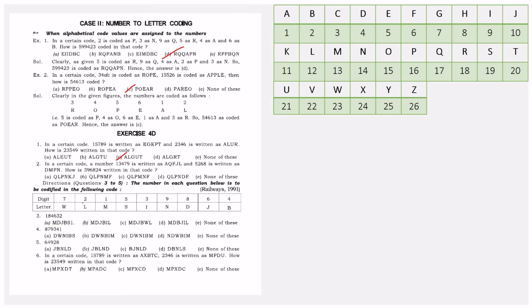Next question. 13479 is coded as AQFJL. My handwriting is becoming better and better as we solve more and more problems, right? 5268, let me write that 5 again, guys, I'm sorry. It's 5268, right? And it's written as DMPN.